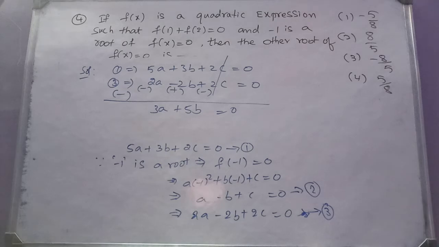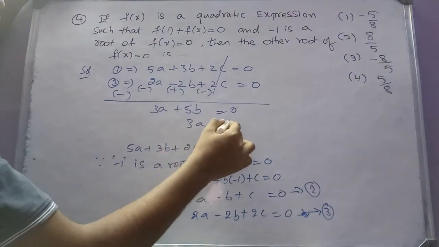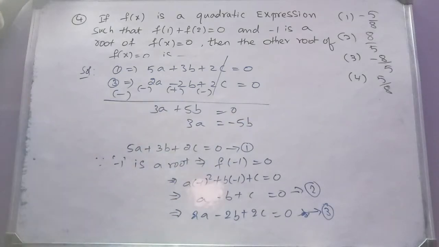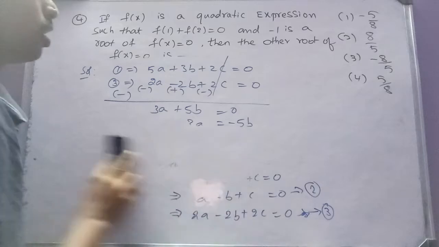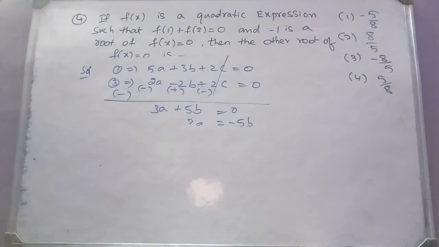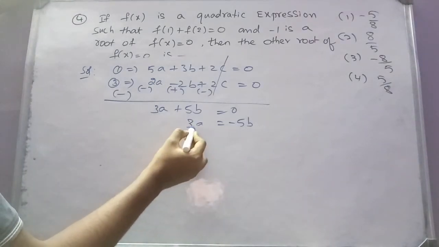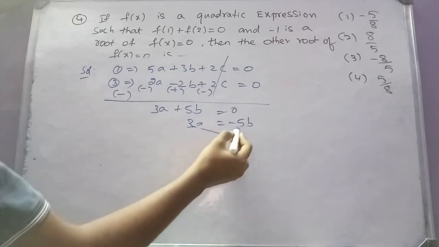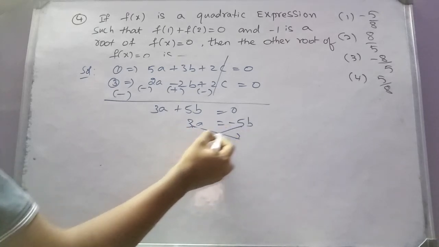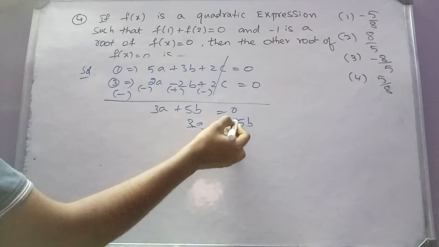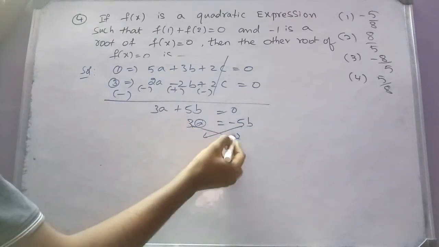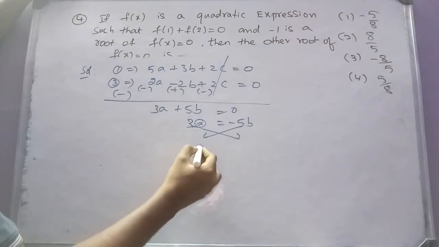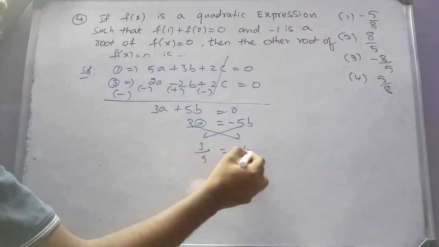You will get this is equal to 0. 3a is equal to minus 5b. Take this divided by 3 to the right side and take this into 5 left side. Take a to the right side and 5 to the left side. What do you get? 3 by 5 is equal to minus b by a.